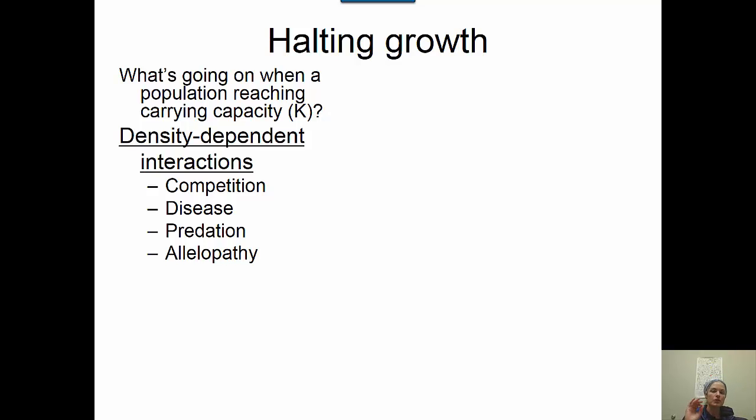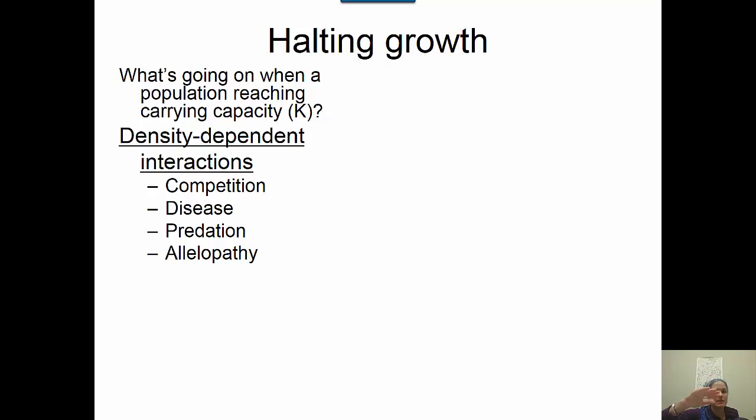Okay, so this slide tells us some of the things that might be happening that cause a population's growth rate to decline to zero when it reaches its carrying capacity. These are natural populations, not managed populations like some of our weed populations. At carrying capacity, when the population is really high, the individuals are going to start to compete more for limited resources. That might slow the growth rate.